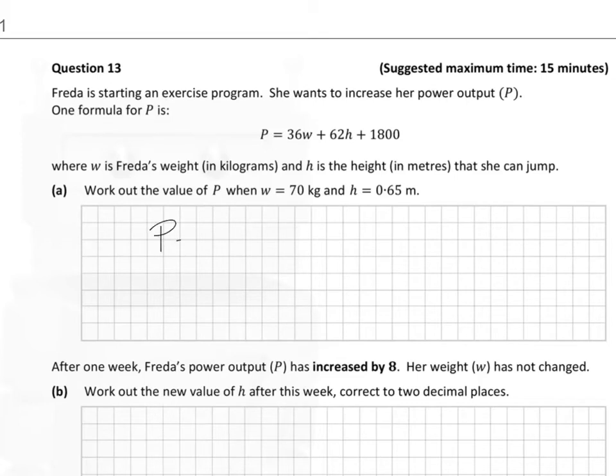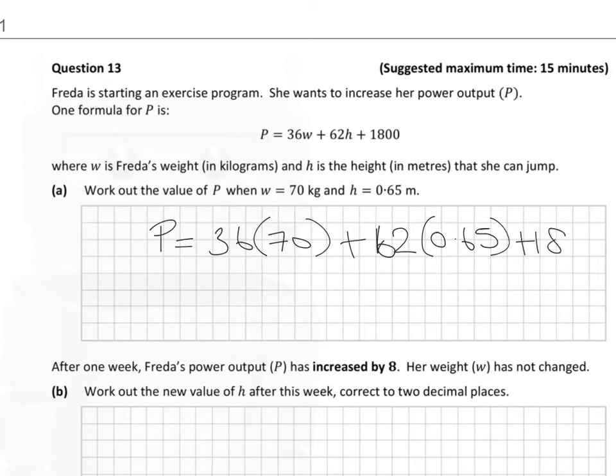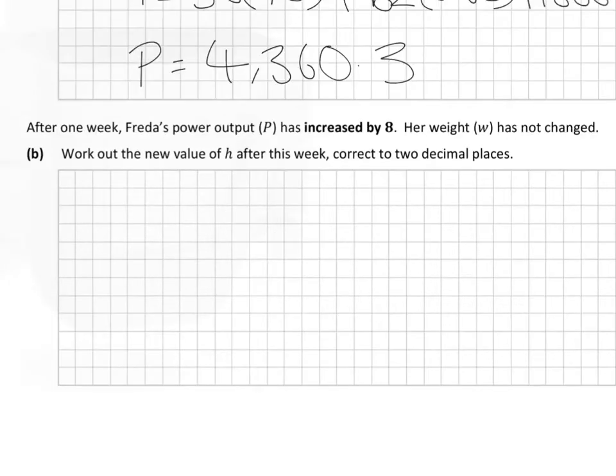So P is equal to 36 times 70 plus 62 times 0.65 plus 1800. When we multiply all of that out, we end up getting 4,360.3.